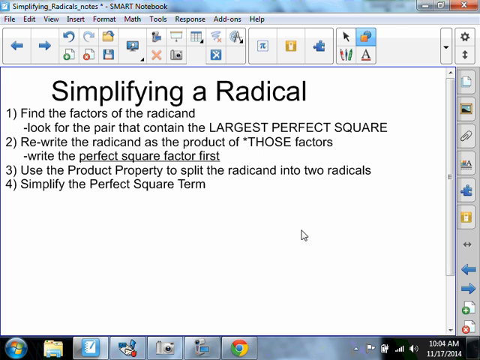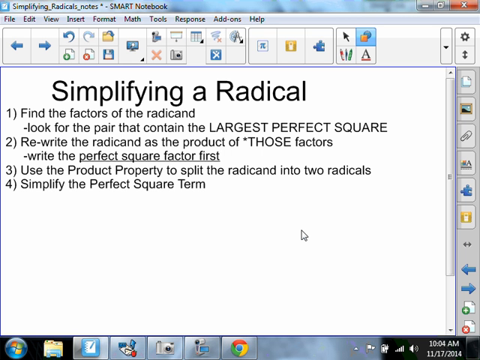Once you get good enough at these, you're going to combine steps 2 and 3 and even 4, so you're not going to have to do this necessarily in a 4-step process. Step 1, there's no way around that. But in step 3 you split the radicand into 2 radicals.